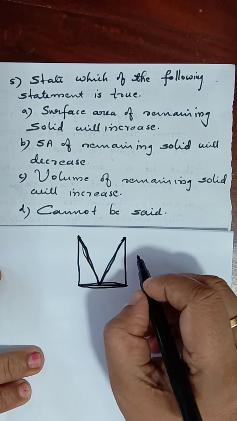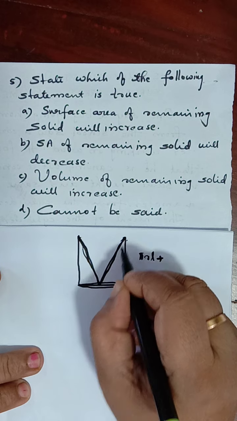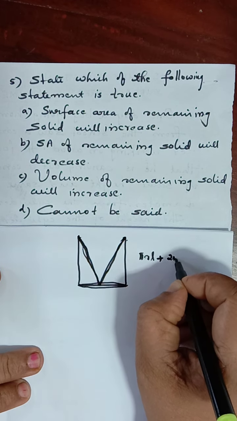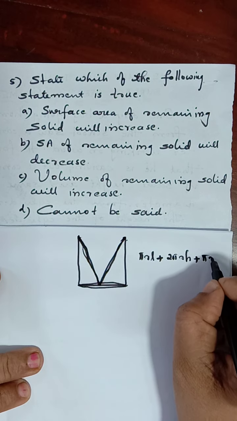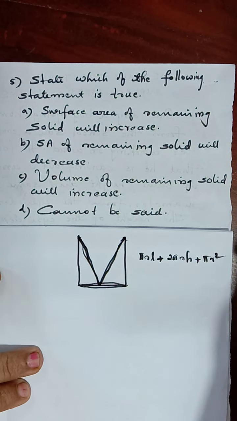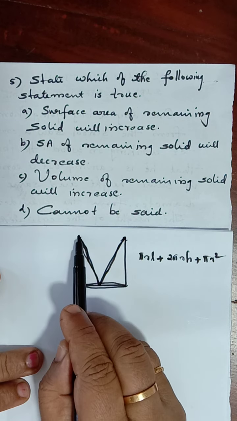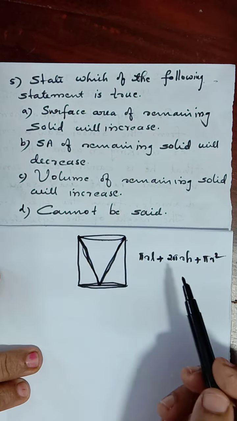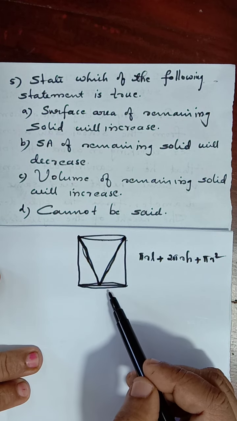So what all things will come? Pi RL will come. Then CSA 2 pi RH will come. Plus base area pi R square will come. Whereas in the original case, this depression is not there. It is just a cylinder. Therefore, it is having CSA as well as both the base area.